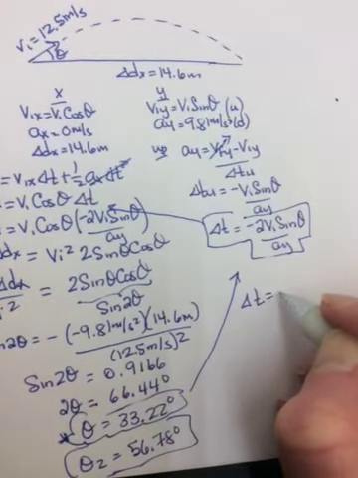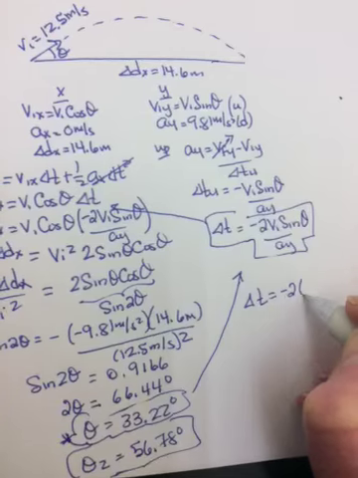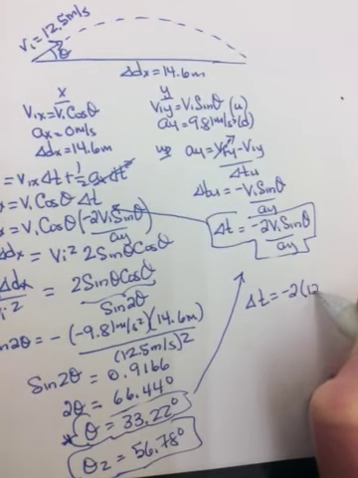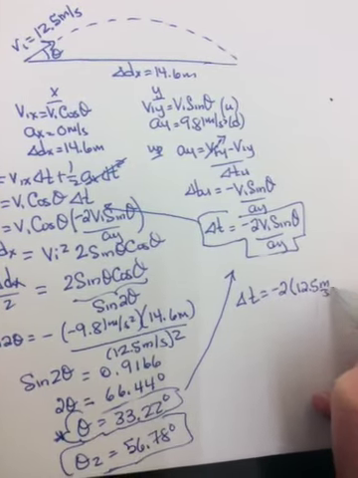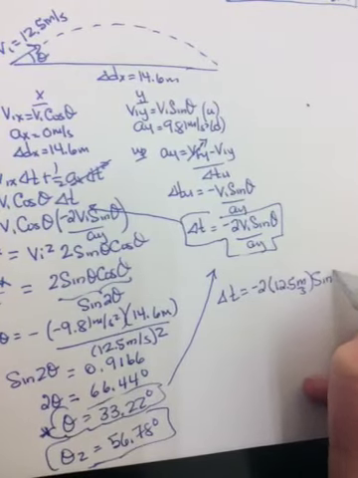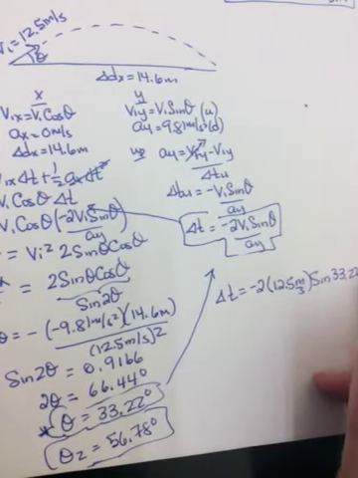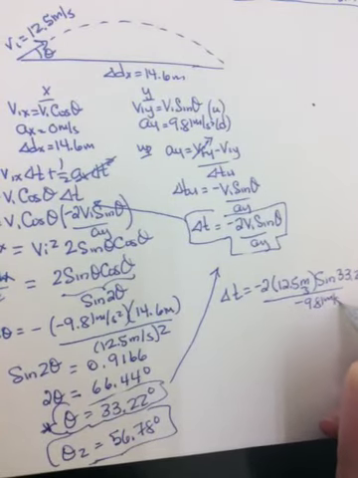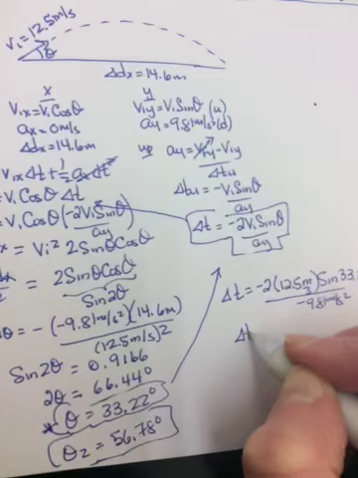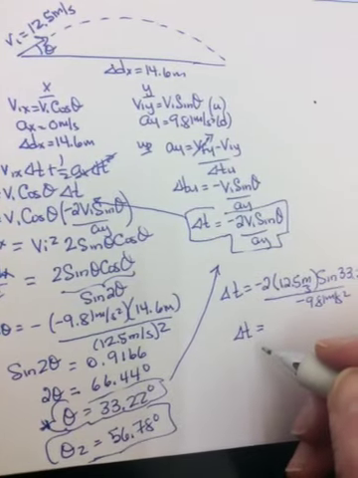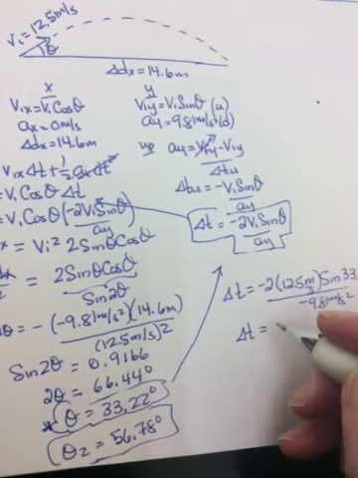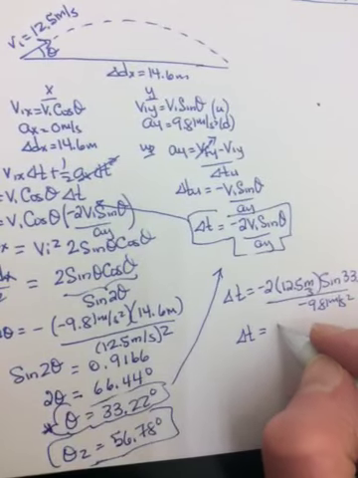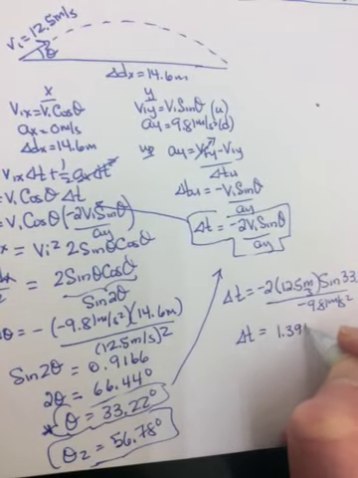So delta t will equal negative 2 Vi, which was 12.5 meters per second, sine of 33.22, and then divide it by negative 9.81 meters per second squared to get your time. And when you do that, I think you get a time of 1.3396 seconds.